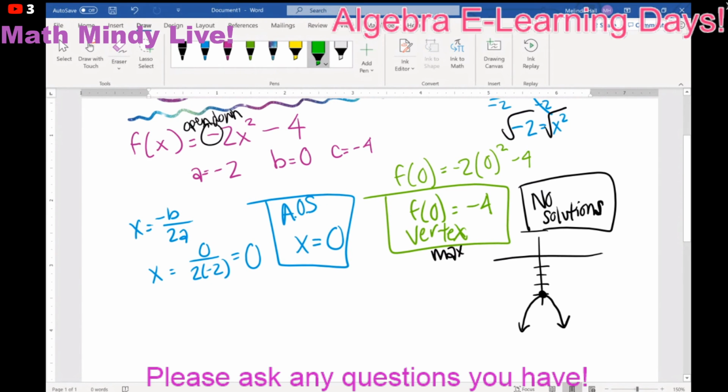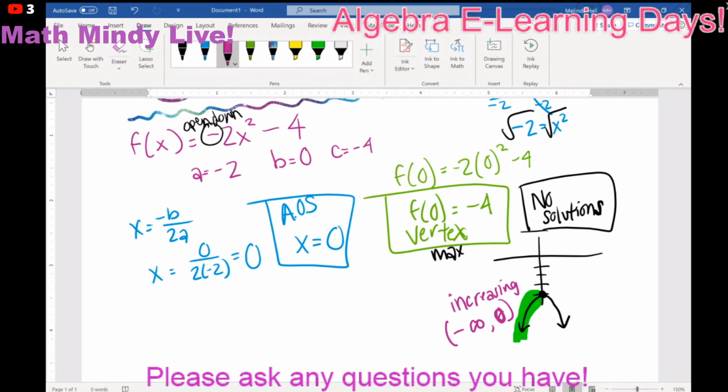And so with this one, this function would be increasing from this left side, and depending on the notation that you need, you would say that it is increasing from negative infinity, and this is interval notation, to 0.